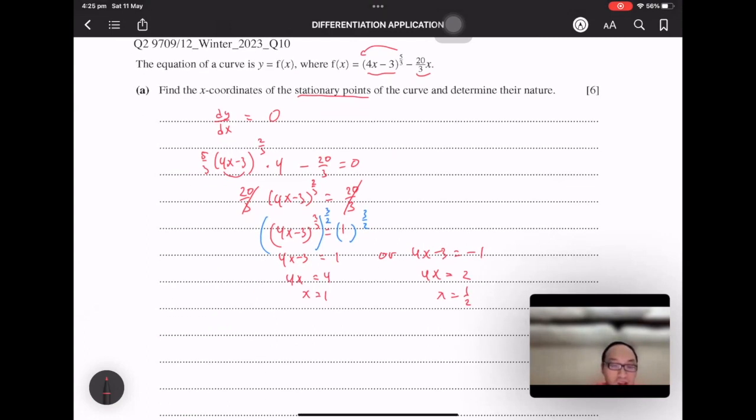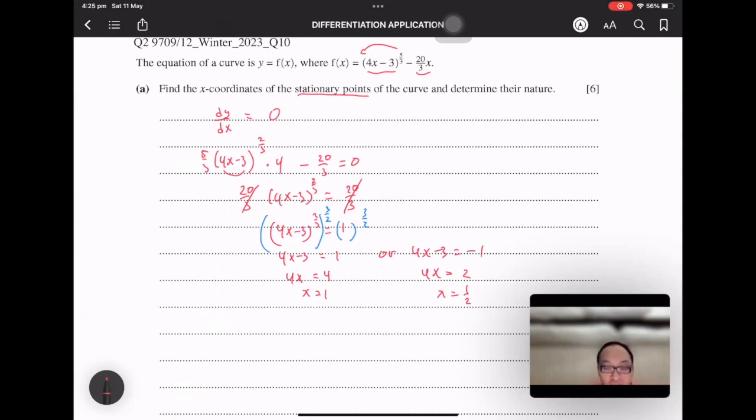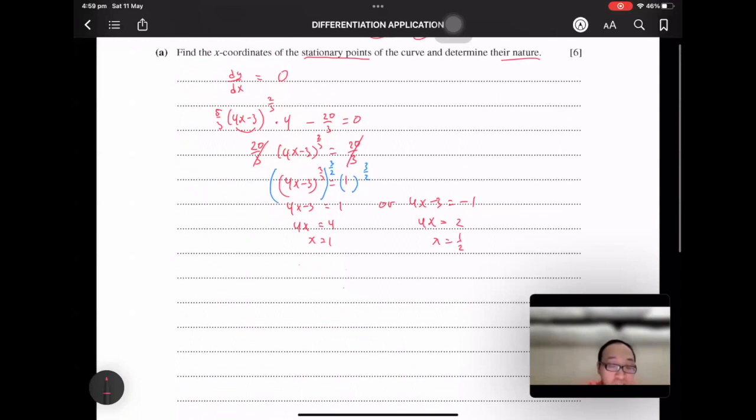So we have the x coordinates of the stationary points, and now we have to determine the nature. So we need to find the second derivative. The second derivative is from the derivative of the first derivative. So we simplify the first derivative first. The first derivative is 20/3 (4x - 3)^(2/3) minus 20/3.